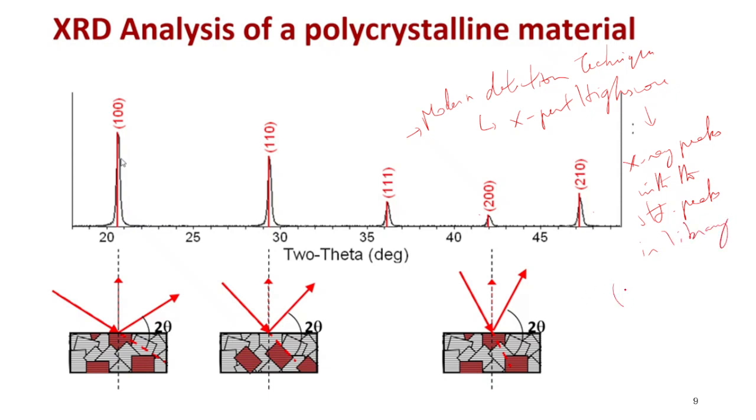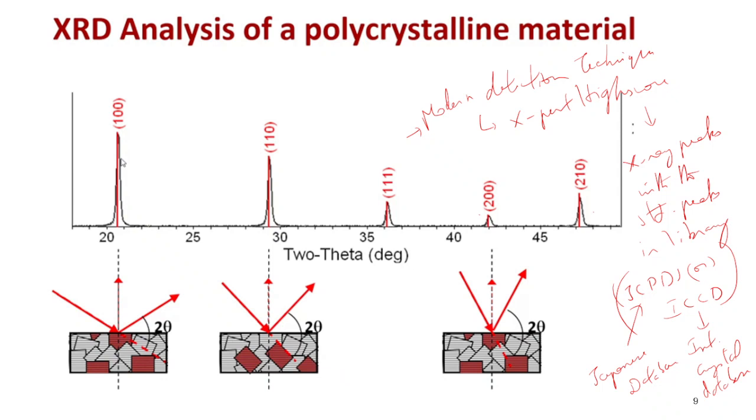They may be from JCPDS or ICDD, one of these two databases. I think one is a Japanese database, and the other is the International Crystal Database. This is how we usually analyze polycrystalline materials, or even single crystalline for that matter.